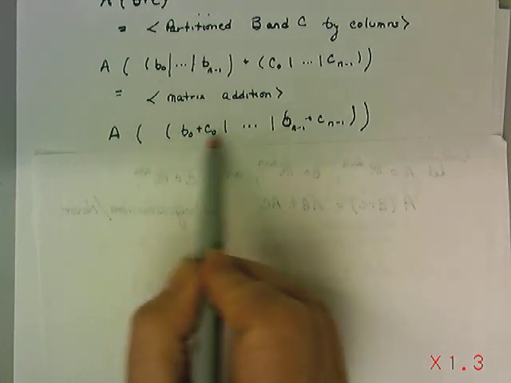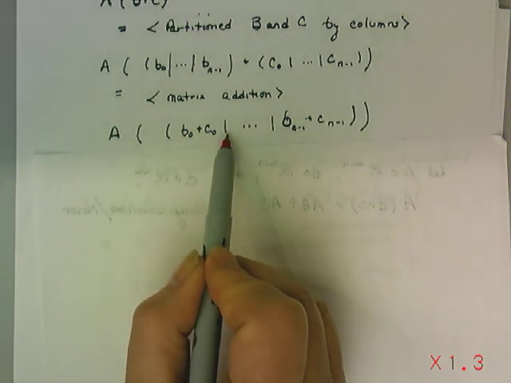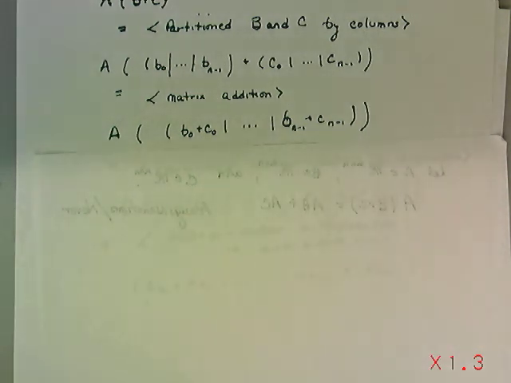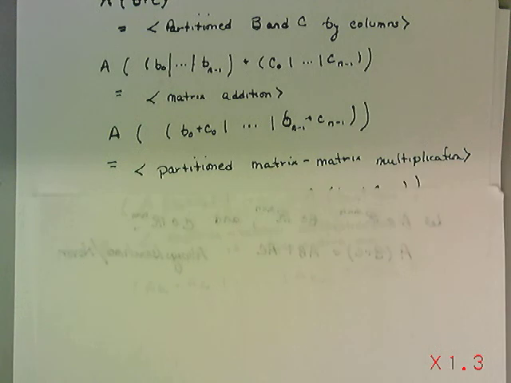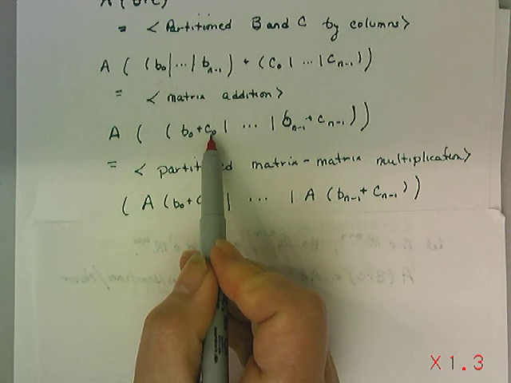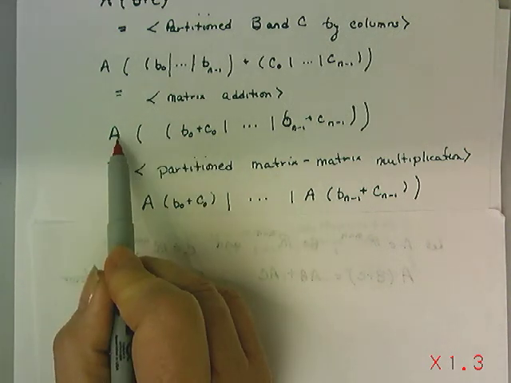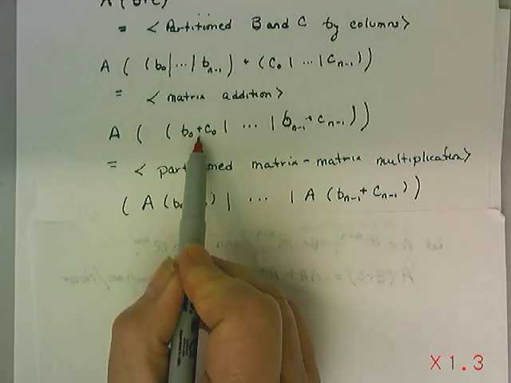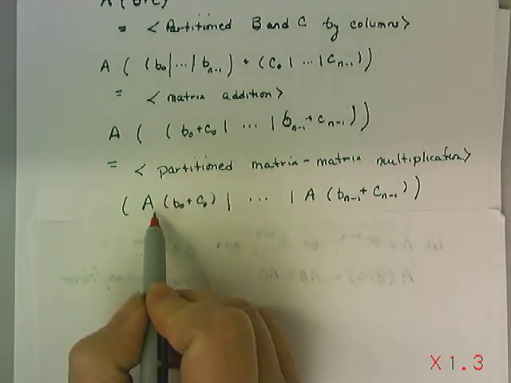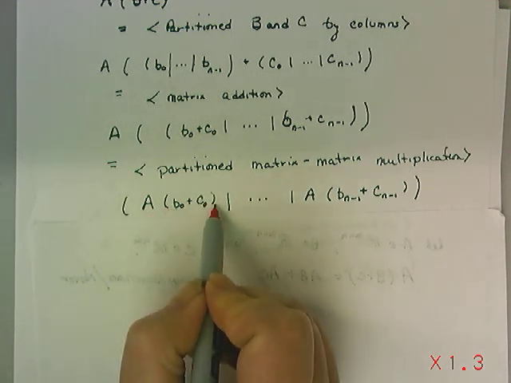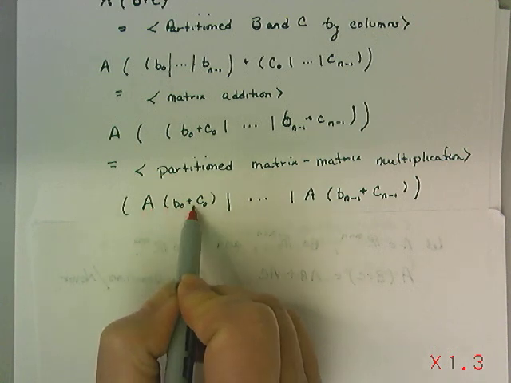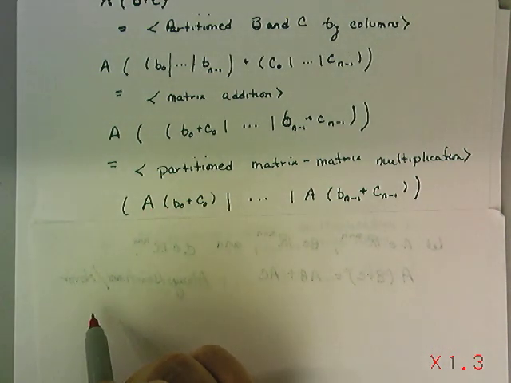Now, I partitioned this because I know matrix multiplication can be done by partitioning into columns, and the result will be that the first column of my product is the matrix A times the first column of B plus C. So this first column will be found by taking matrix times this vector, a matrix vector operation.